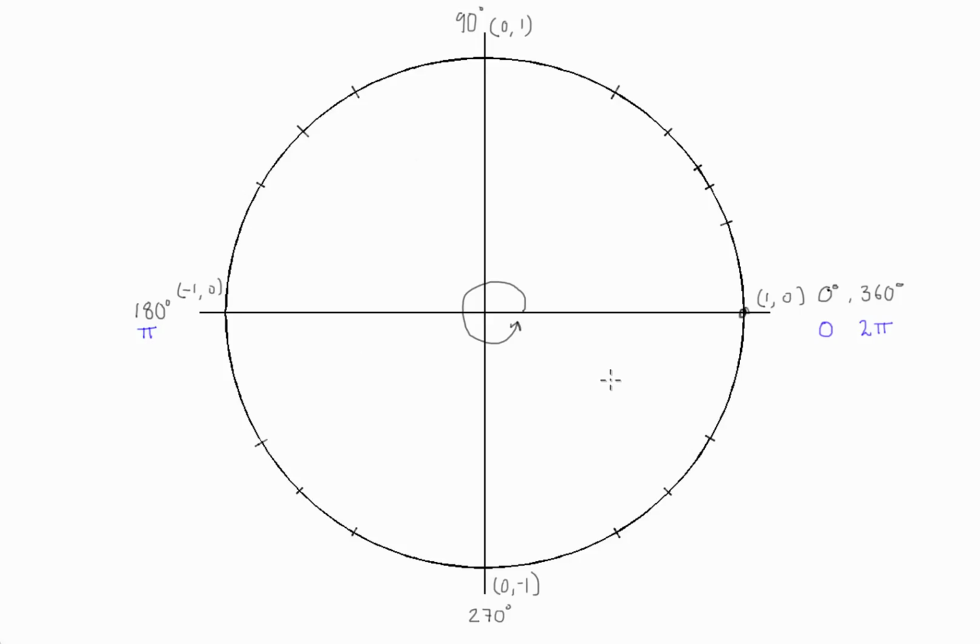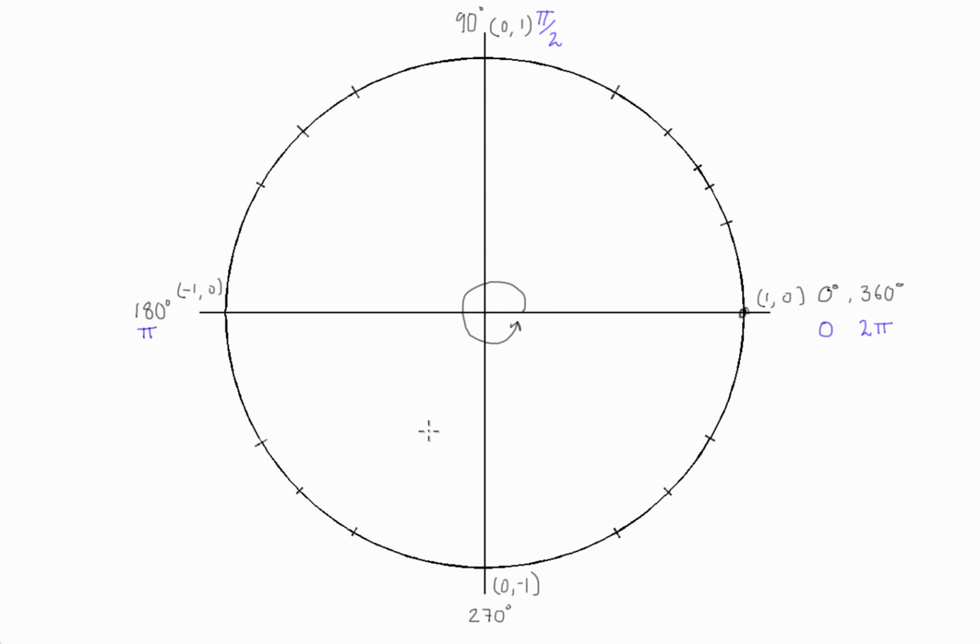Same sort of logic with 90. 90 is half of 180, so its corresponding radian measure is going to be half of pi, or pi over 2.